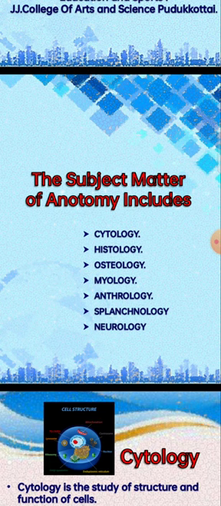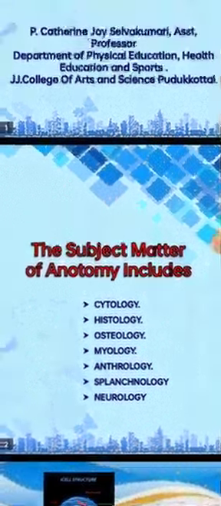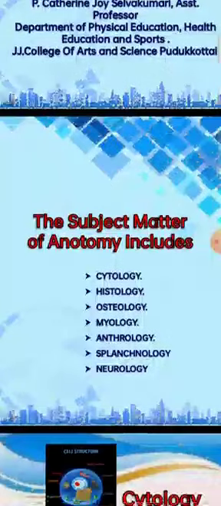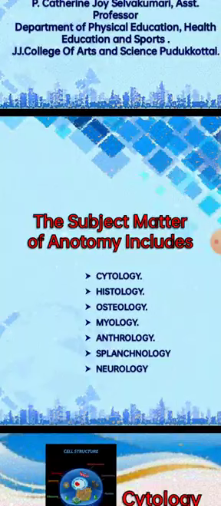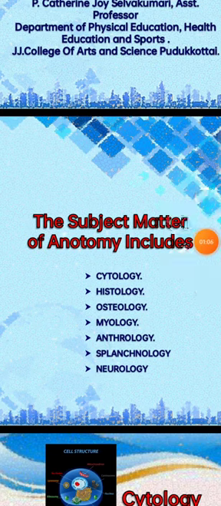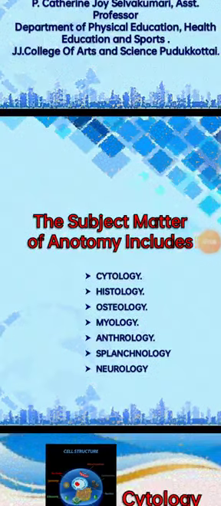What are the subjects included in the anatomy? There are a few subjects included in the anatomy. That is, cytology, histology, osteology, myology, arthrology, splanchnology, and neurology. So we are going to study these in detail.